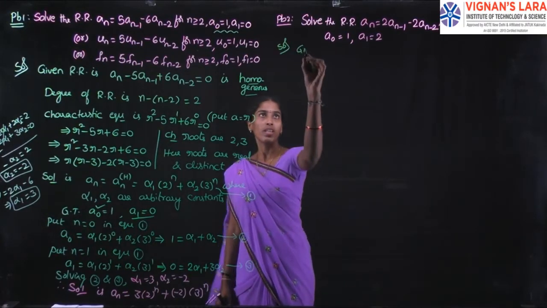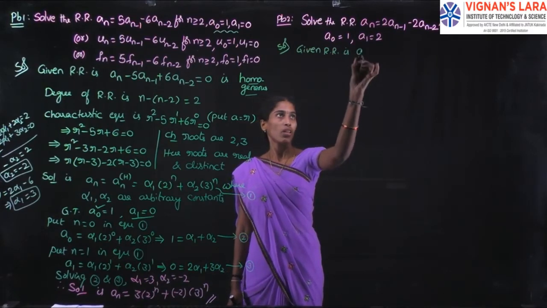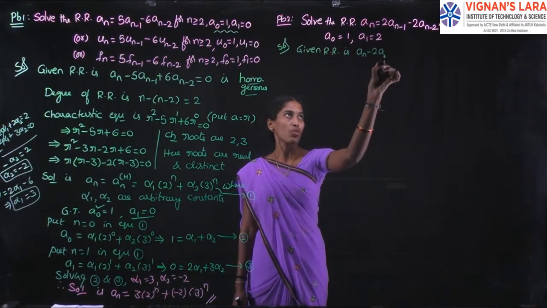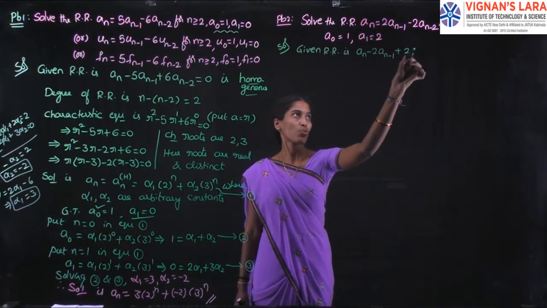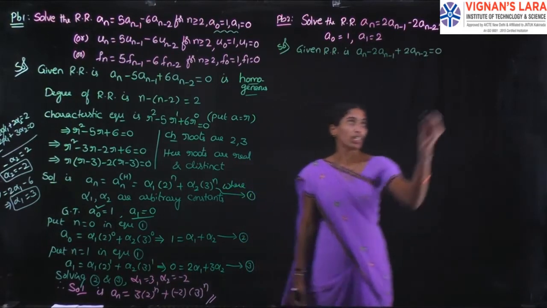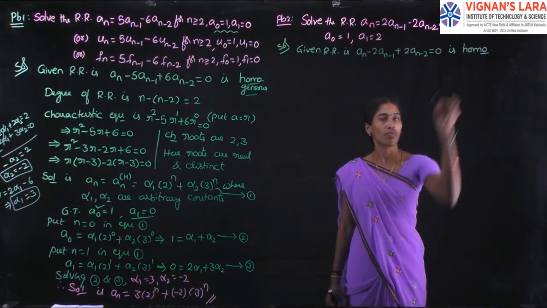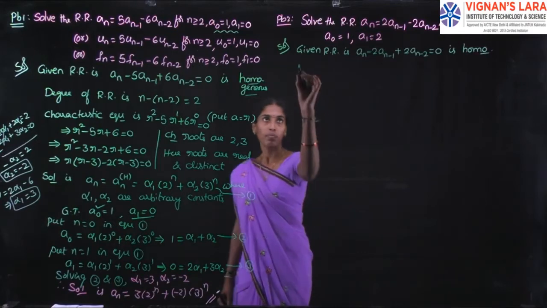So, given recurrence relation, we can write it as An minus 2 An minus 1 plus 2 An minus 2 is equal to 0, is homogeneous. What about its degree?